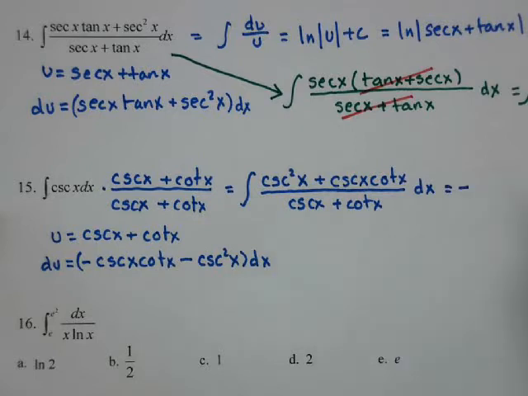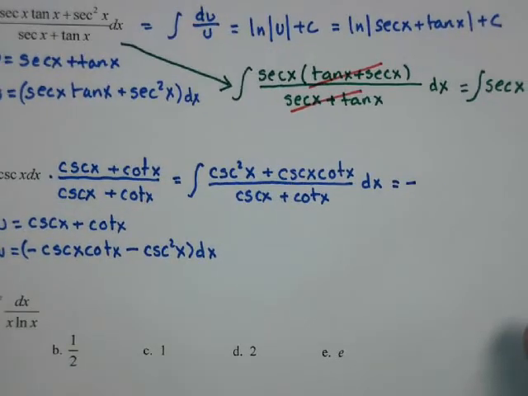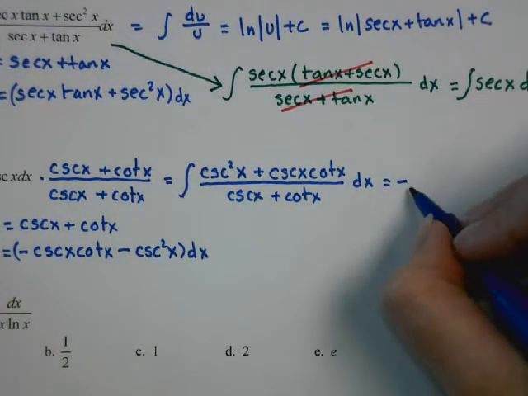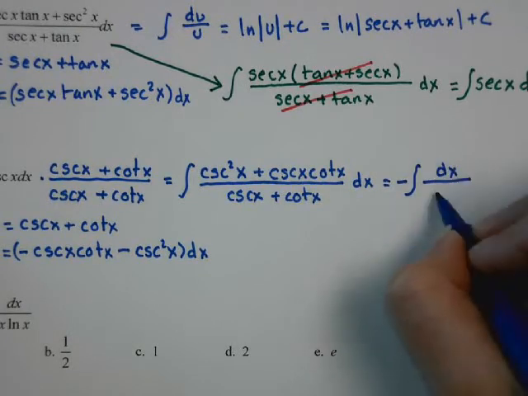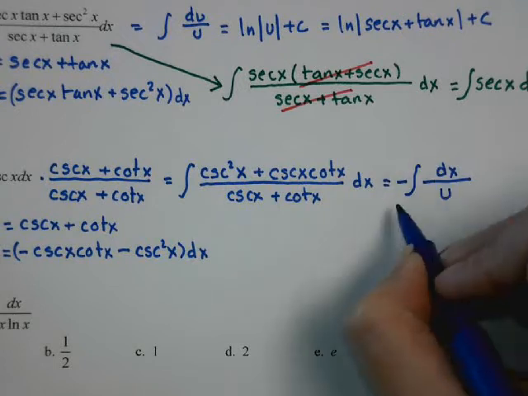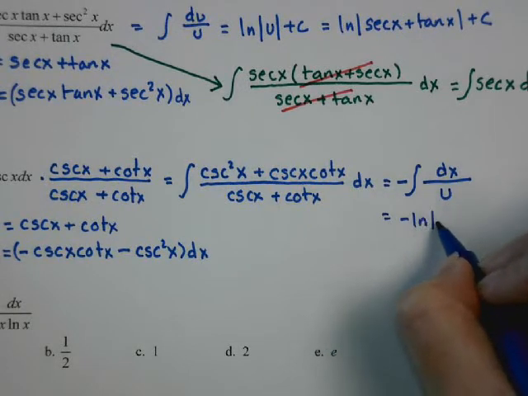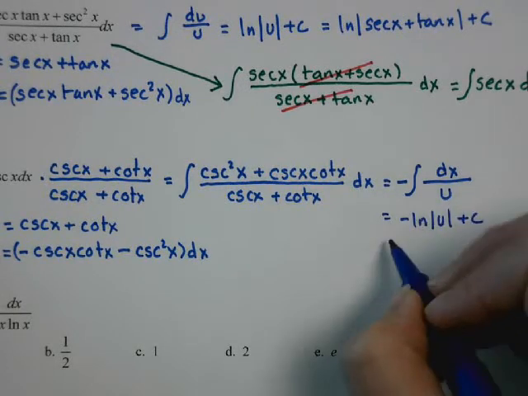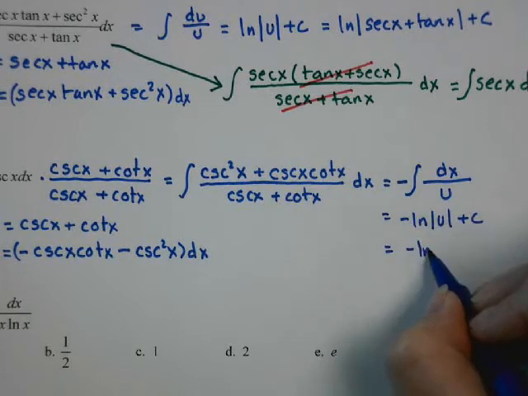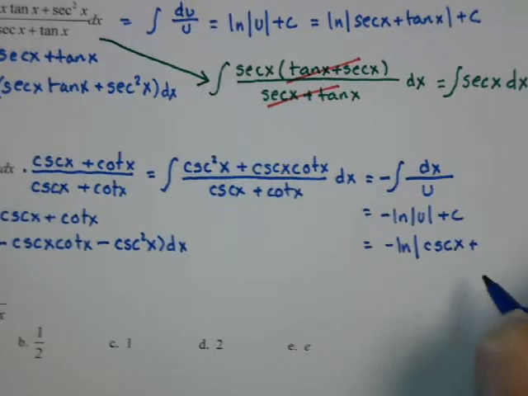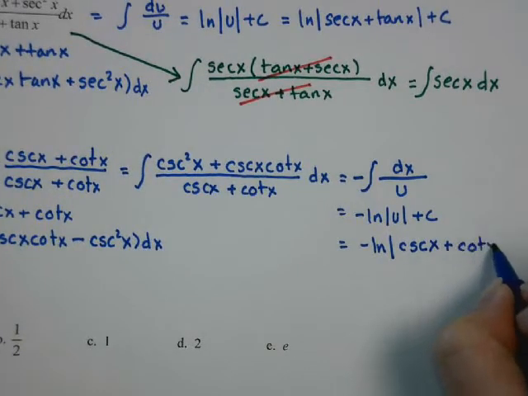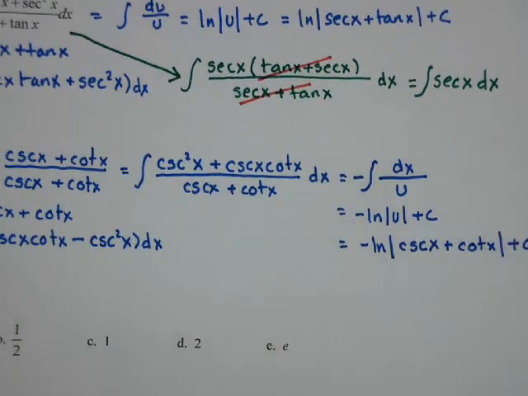So this is going to be negative the integral of du over u, which is going to be negative natural log of u plus c, which is going to be negative natural log, replace u back in, cosecant x plus cotangent x plus c.